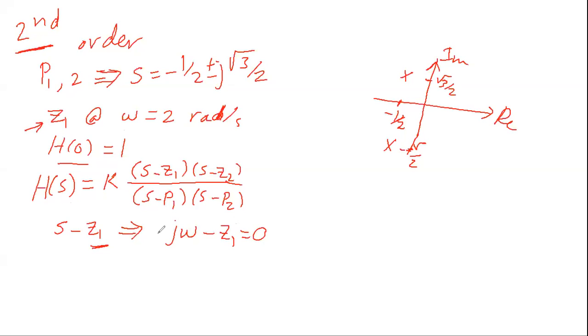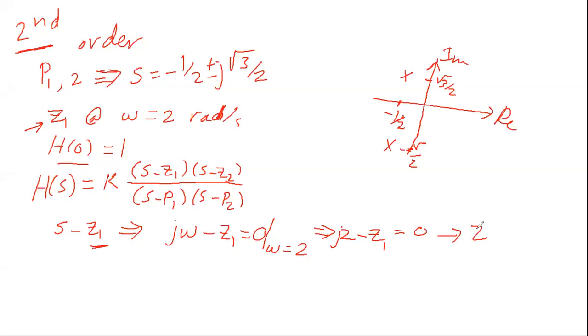So we have to equate this with 0 and substitute omega equals 2 radian per second. If you substitute omega as 2, this gives you j2 minus Z1 equals 0.